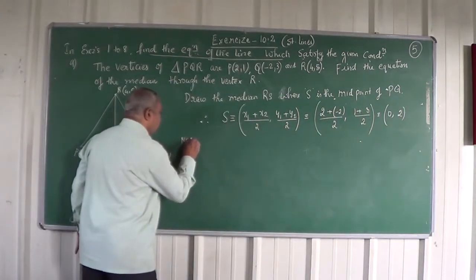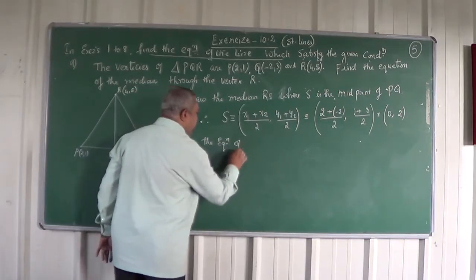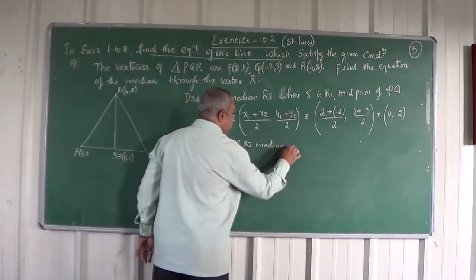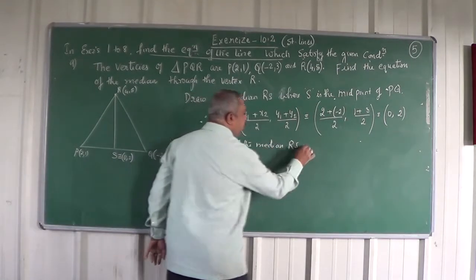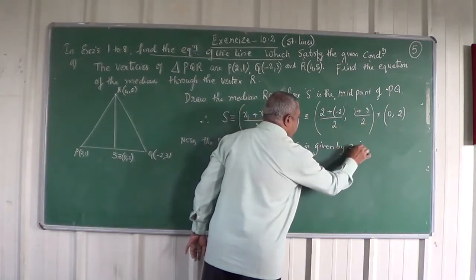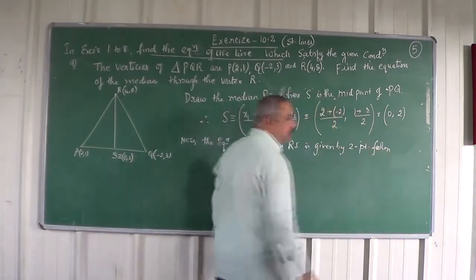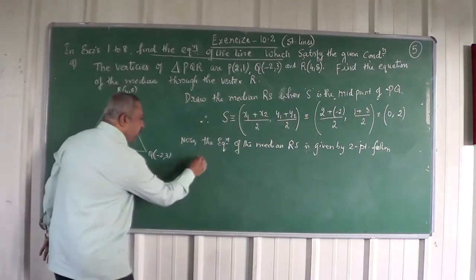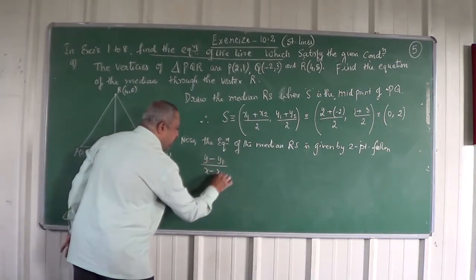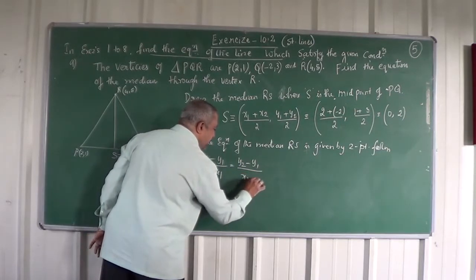Now the equation of the median RS is given by the 2-point formula. What is the formula? (y minus y1)/(x minus x1) equals (y2 minus y1)/(x2 minus x1).